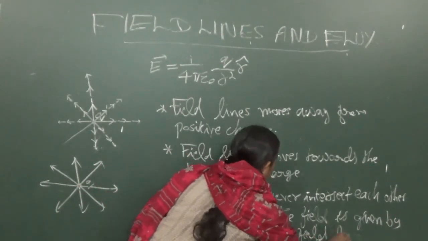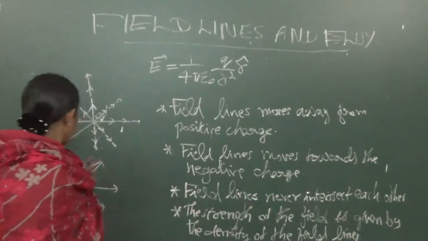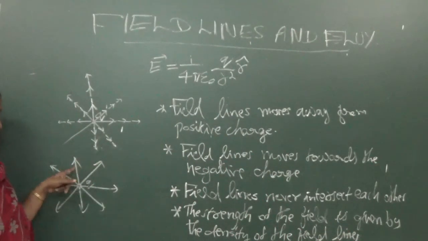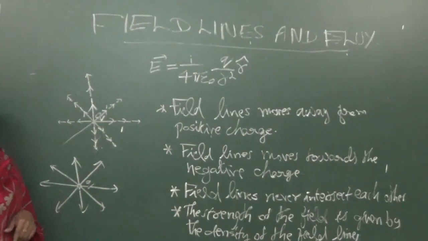These are called field lines. This is one field line, this is another field line, like that. There are so many field lines.